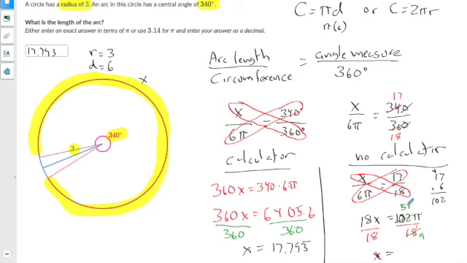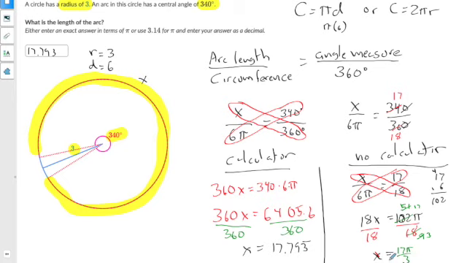And I might know that 3 goes into 51, so I'm going to divide that again. 3 times 17 is 51, and 3 times 3 is 9, so I have a 3. So I have 17 pi on the top and 3 on the bottom.